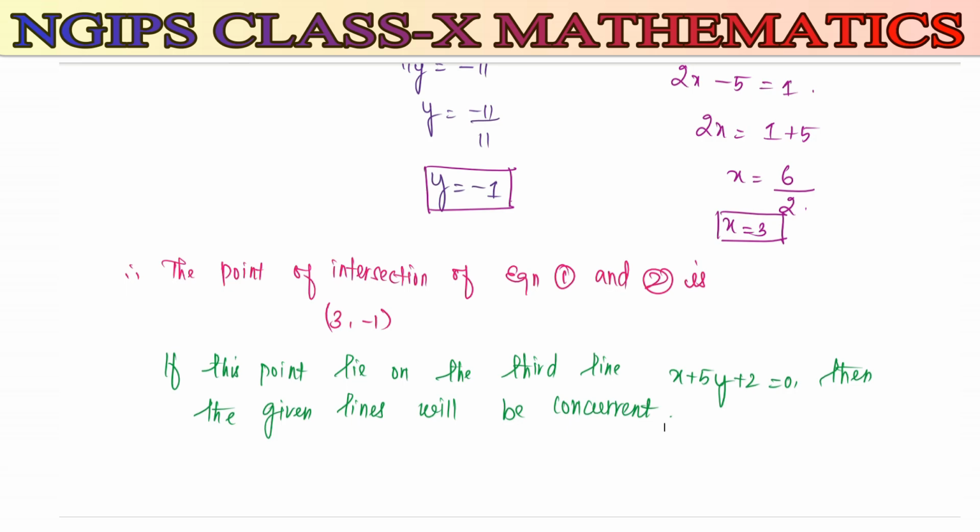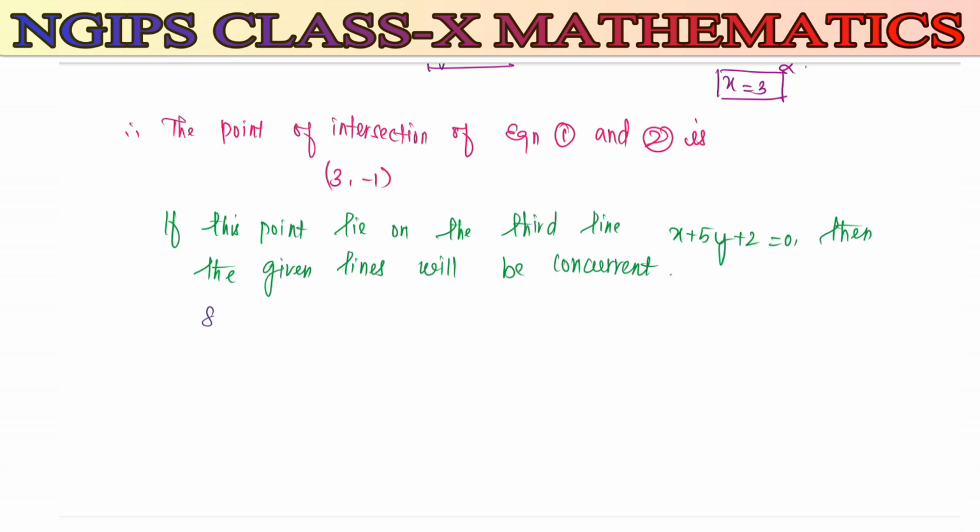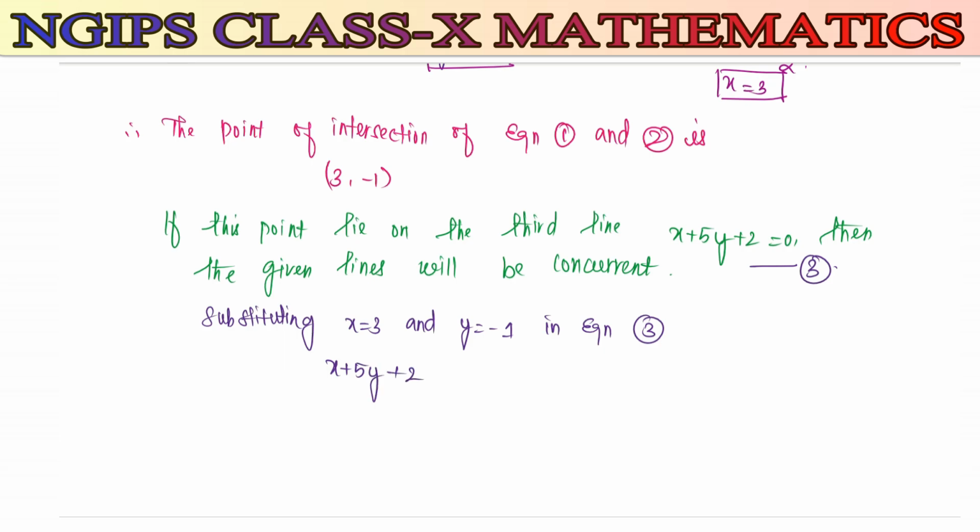Okay, now we need to substitute the x value and y value in the given expression. Substituting x is equal to 3 and y is equal to minus 1 in equation 3. So this is the third equation: x plus 5y plus 2 is equal to 0.